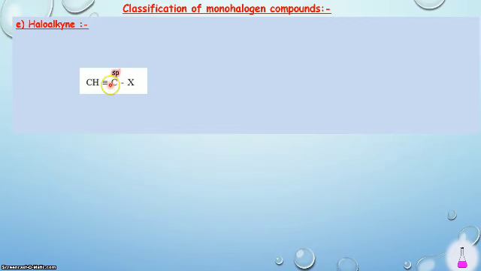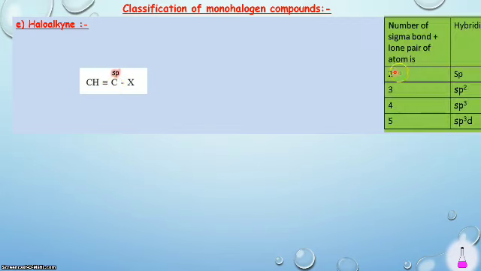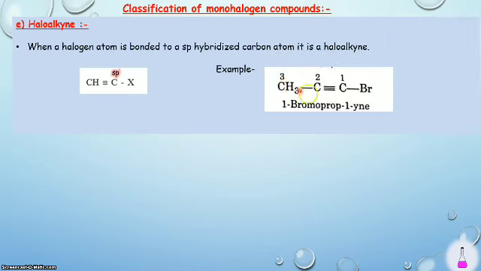So total number of sigma bonds formed by this carbon is 2. Therefore, hybridization is sp. Example, 1-bromoprop-1-yne, in which bromine is bonded to sp hybridized carbon atom. So when a halogen atom is bonded to a sp hybridized carbon atom, it is a haloalkyne.